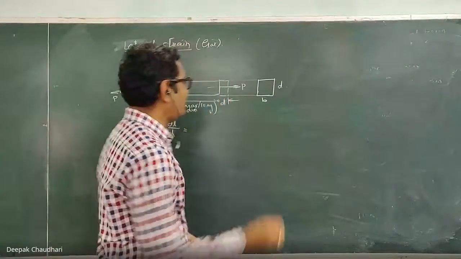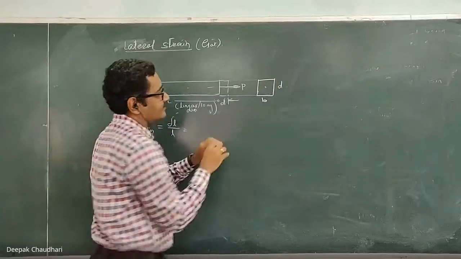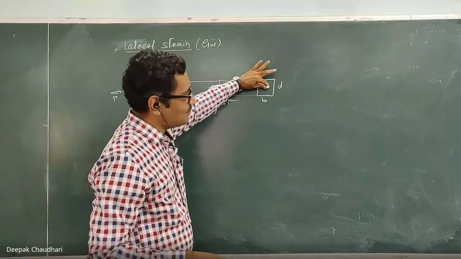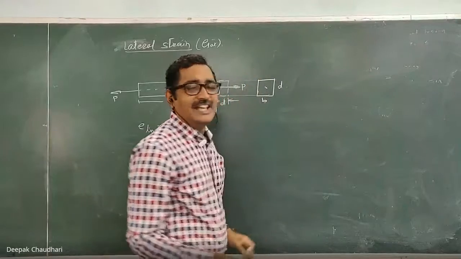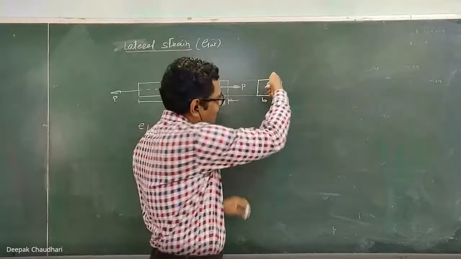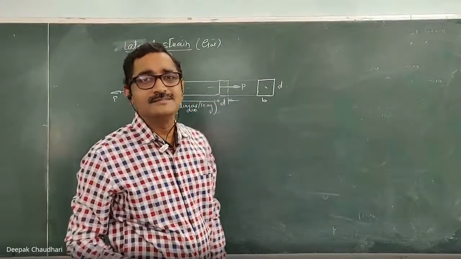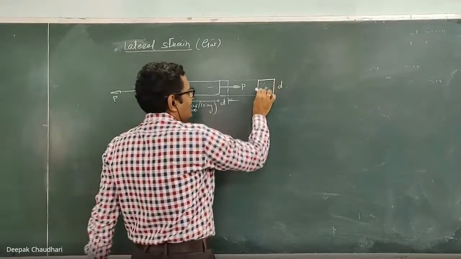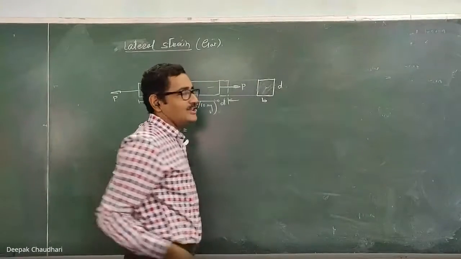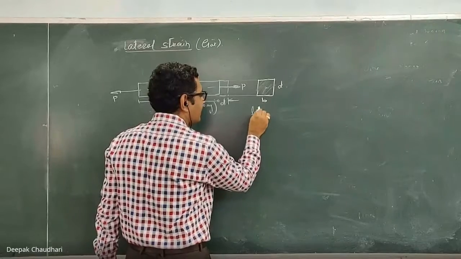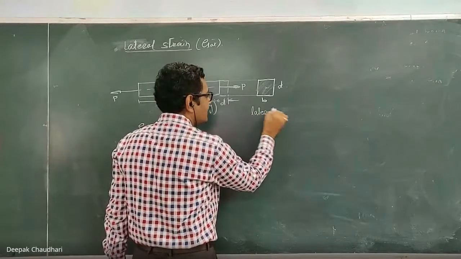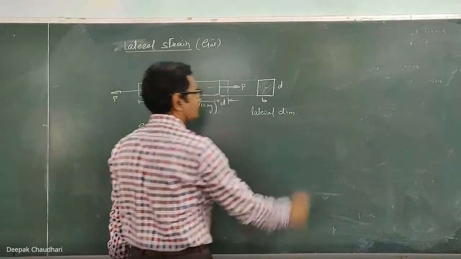This is the line of action of the force. Now B and D are the dimensions which are perpendicular to the line of action of the force, in the plane perpendicular to it. These are known as the lateral dimensions.